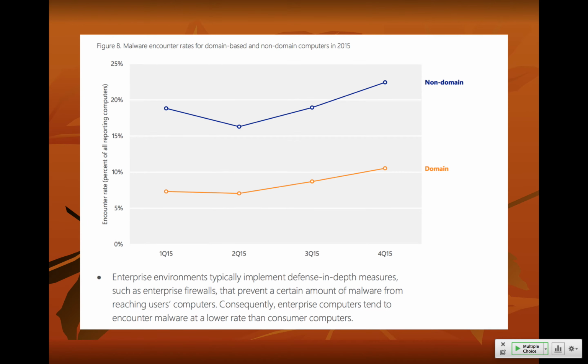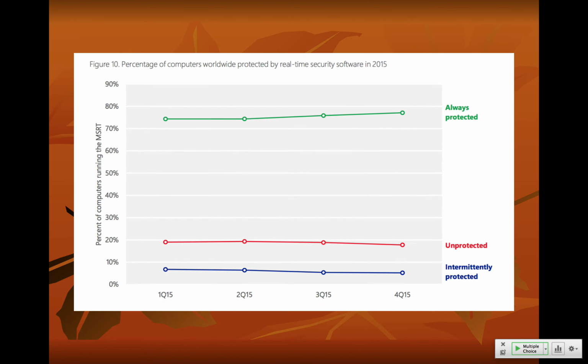Anyway, here's, as you might expect, domain machines encounter less malware than non-domain machines, because your domain machines are at companies and they typically have intrusion detection systems and firewalls and such. So, like I say, a considerable amount of attacks are blocked before they ever get to the machine, which is the whole point. And here's people that are protected by security software.